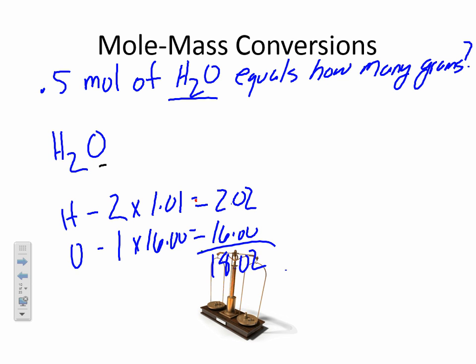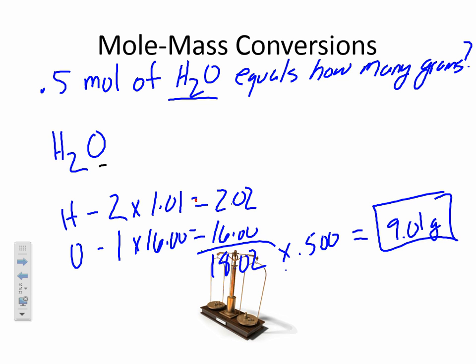If I want to figure out how much 0.5 moles weigh, I'm going to take 18.02 times 0.500 moles. I'm going to get 9.01 grams. You could do it the other way as well, and that's what we're going to continue to practice tomorrow in class: being able to figure out molar mass, and then going back and forth between moles and grams.